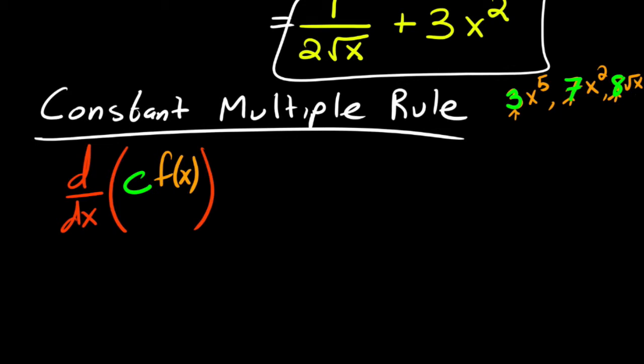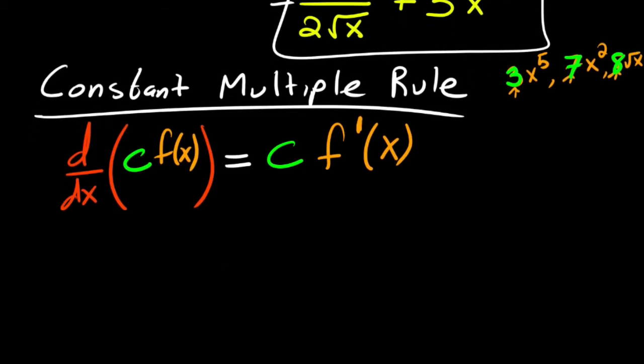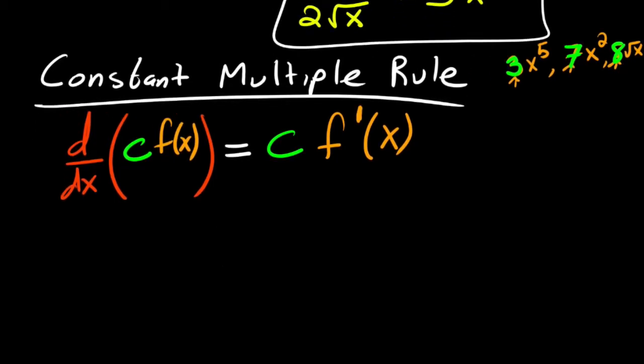So what the constant multiple rule says is that you can leave the constant out of it and then multiply by the derivative of the function. So let's do an example. Let's say I want to find the derivative of the function 5x to the fourth.